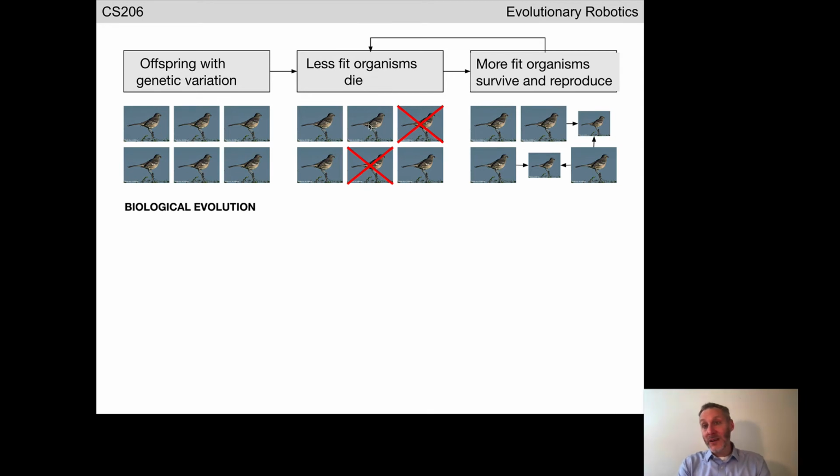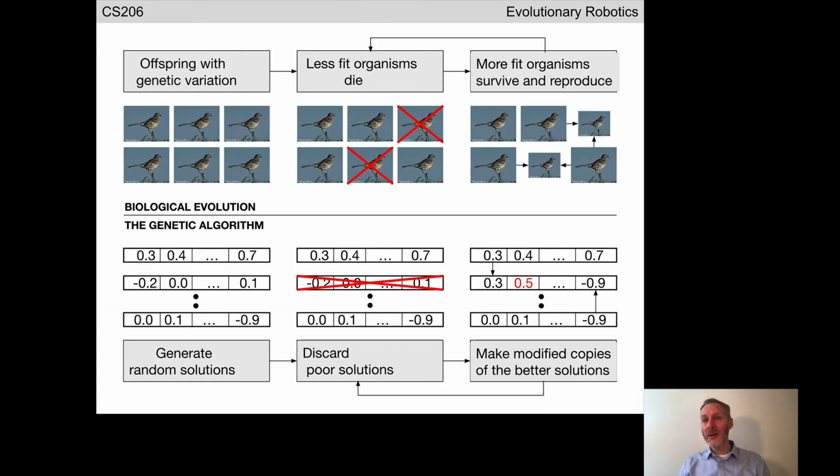Their anatomy and behavior, depending on their environmental niche, will unfortunately cause some organisms not to live long enough to produce offspring or not be able to find a mate and so on. Other individuals in the population, given their anatomy and their behavior, will be able to successfully mate and produce offspring. And those offspring will be similar to, but not identical to their parents. If we iterate through the Darwinian algorithm, after a long period of time, we end up with a population of individuals that are well adapted to their environment.